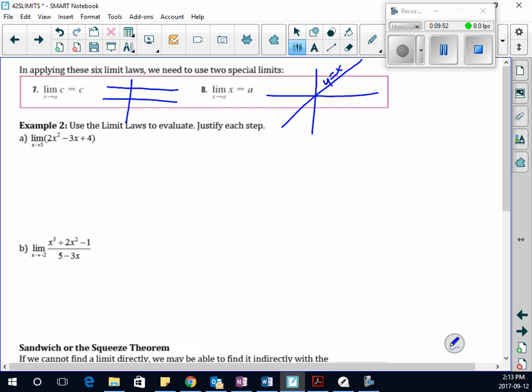Okay, we're going to use the limit laws to evaluate. I'm going to show every single step, but at some point you're just going to fly past this, right? So I'm going to separate everything, using all the limit laws.